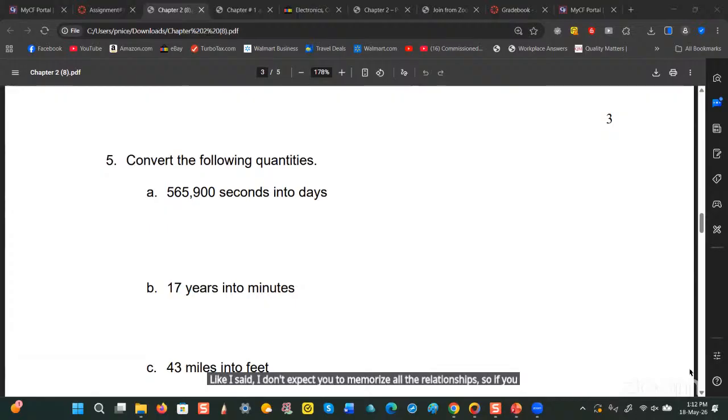So if you want to pull up the tables on your devices, I would strongly recommend that. Just go to Canvas, go to Files and then Tables, and I think that's it. I don't remember the name of the file that I've saved it under, but you should be able to find it.